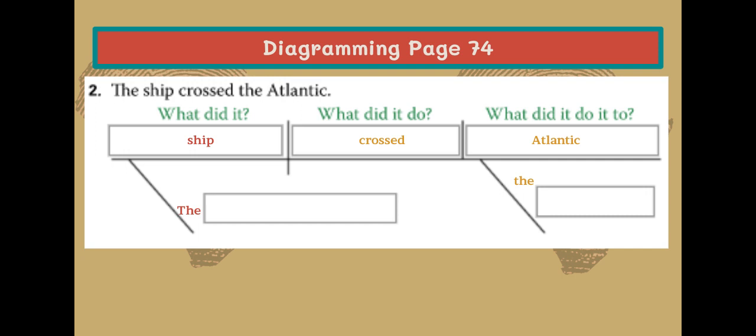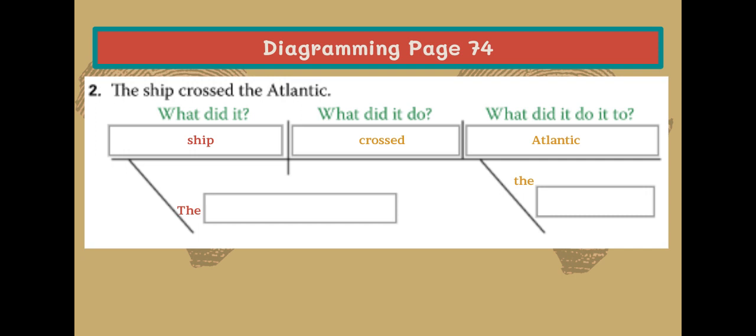So let's look at sentences 3, 4, and 5. I'm going to read through the sentences and then give you time to diagram them, and then we will look at the answers. Number 3, the scientists built a dinosaur. Number 4, the team took the bones.